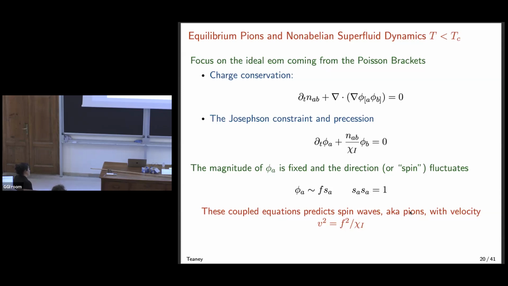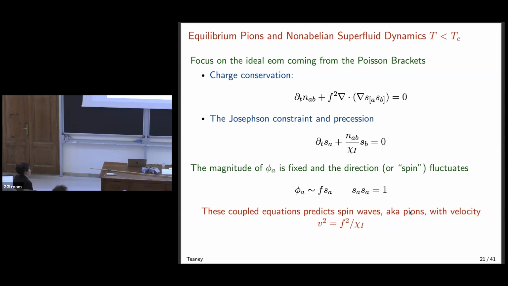If you treat the magnitude of phi as fixed and the direction or spin just fluctuates, so phi a is just a number f times a spin normalized to 1, then you describe how spin waves propagate below TC, and that propagation is your hydrodynamic effective theory. Replacing phi a with f times the spin, I get a theory of spins and conserved charges.